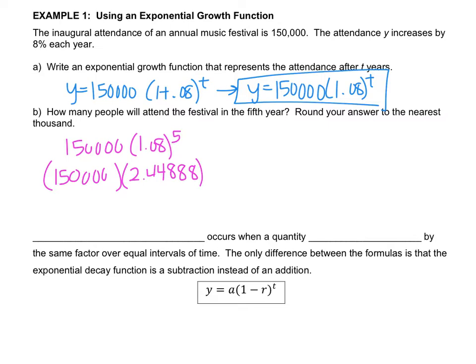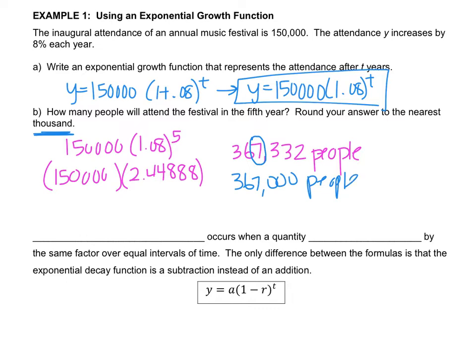And that gives me 220,399 people. Obviously, I'm going to round to the nearest whole number, because you can't have a decimal person, but it says you actually have to round to the nearest 1,000. So the thousands is right here. So it would be 220,000 people. If you don't round, technically, you're wrong.